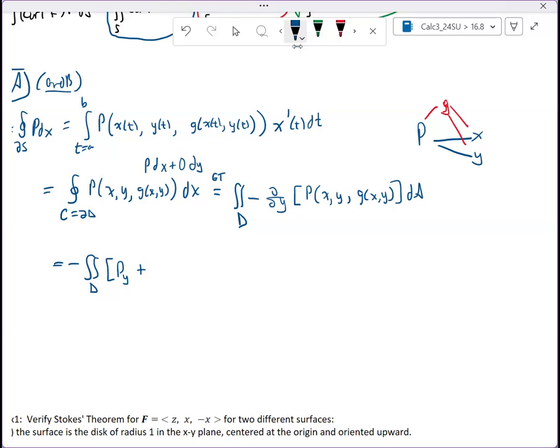But then the other path takes me through g. I'm going to call this dp dz, the derivative of p with respect to its third variable. I think I might have missed a parenthesis here. Yeah, I think I did. The derivative of p with respect to its third variable is dp dz evaluated at x comma y comma g of xy times, in a sense, dz dy, but we're just going to call that dg dy. dA.